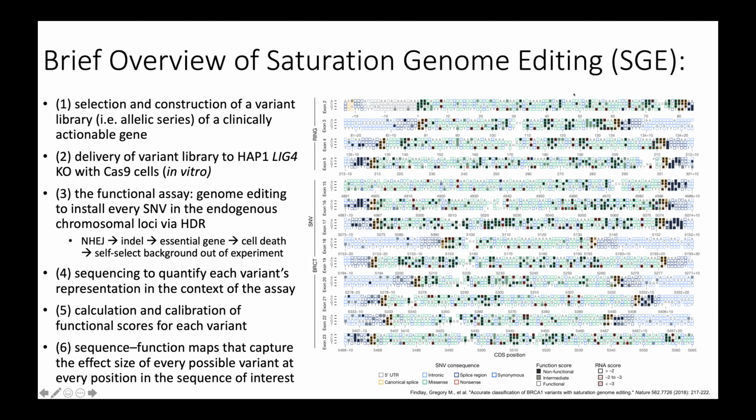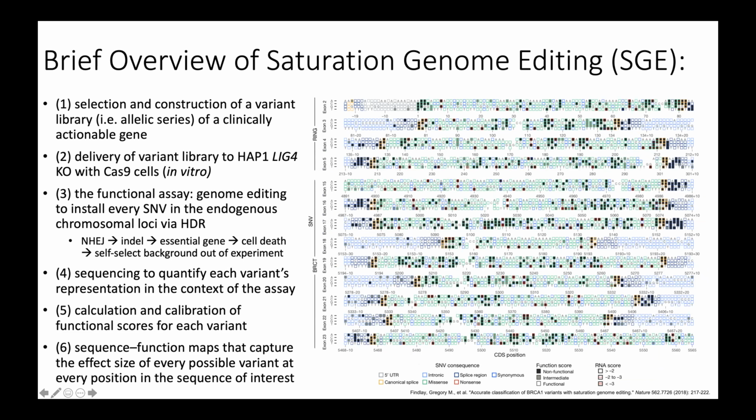So in each row here is an exon: 2, 3, 4, 5. In each column is a nucleotide base position. The letter itself represents the wild type base, so AAG. And then you can see the 3 other SNVs that were assessed in the assay. And down here in the legend, if the box is filled in, that means the SNV was non-functional.